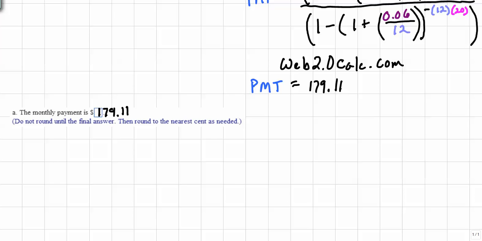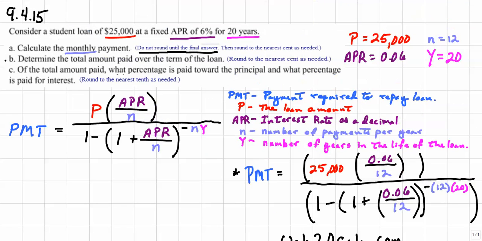So the next part is to make sure that we have done part B, which is determine the total amount paid over the term of the loan. We're going to round to the nearest cent as needed.